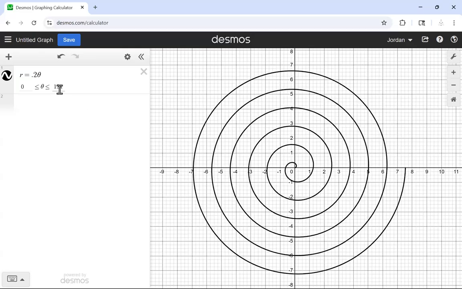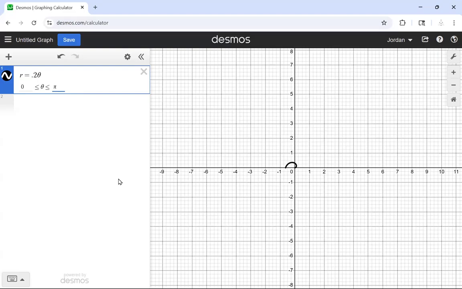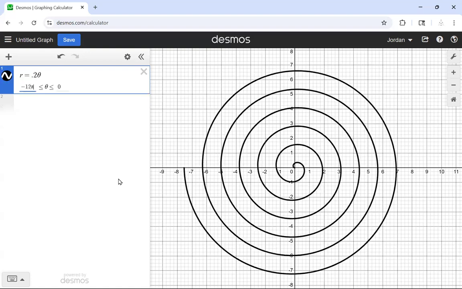Obviously, I only went from theta from 0 to 12 pi, but you can go on further. Also, if you use negative values on your angles, then you just get a spiral in the other direction.